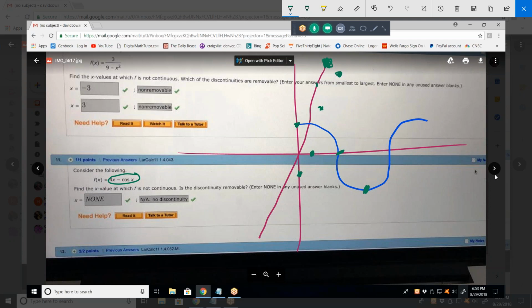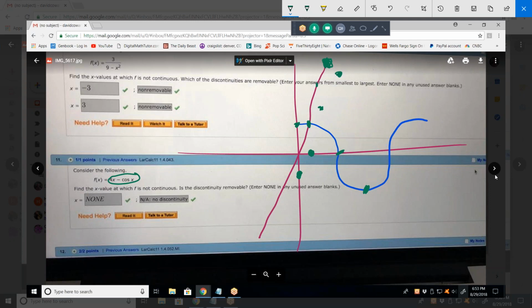Okay, that's where that point would lie. If I'm graphing it right there, where they're the same, then that's going to be 0. So that's how I'm doing it.